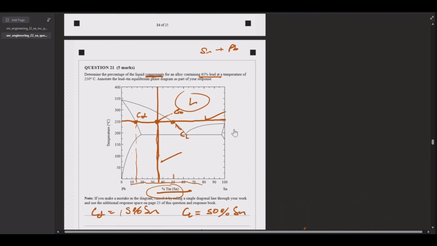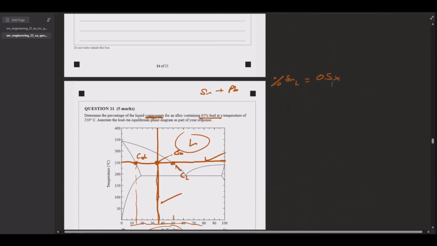For the percentage of tin liquid, we take CL in terms of tin, 0.5, times the weight of the liquid components, 0.5714. That's going to be 28.57.